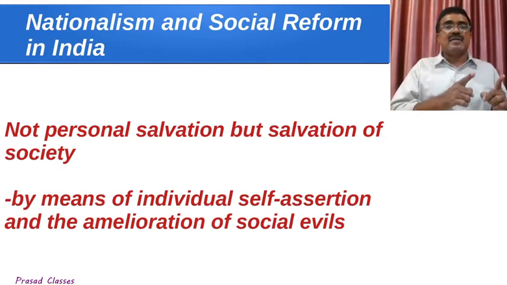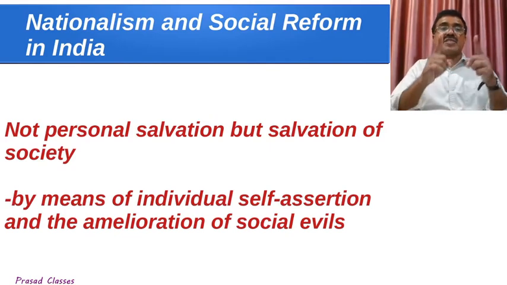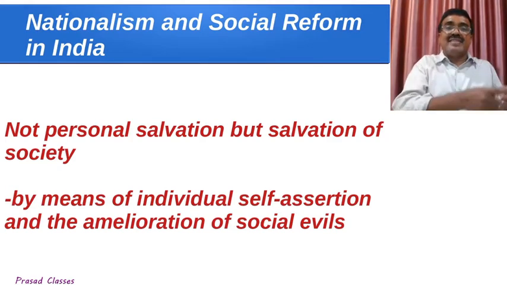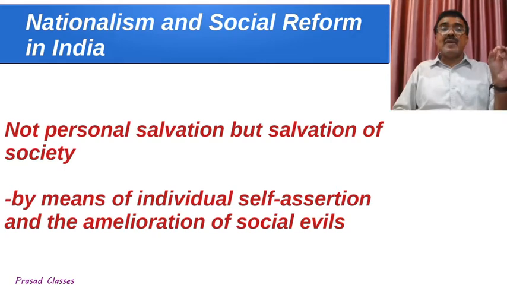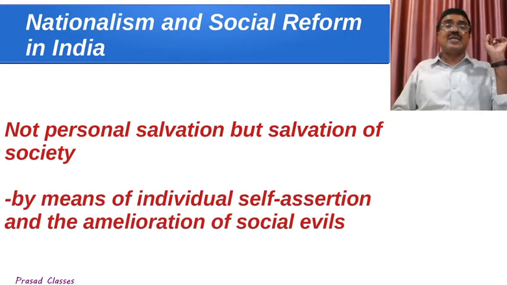But Swami Dayananda Saraswati changed the aim from personal salvation to the salvation of society. So that is an important point. He considered changing the society by means of individual self-assertion and amelioration of social evils. So this social salvation can be attained by individual self-assertion, by those who are enlightened, those who have the knowledge of the pristine Indian religion or pristine Indian traditions.